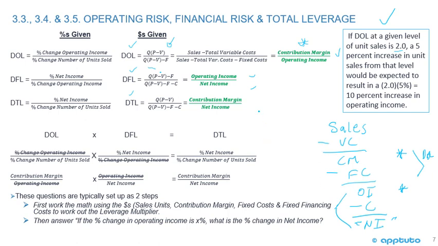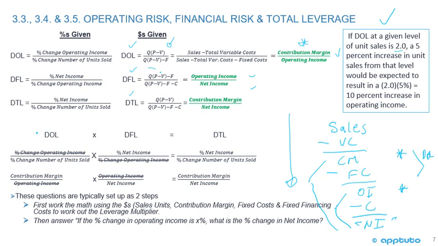And then finally, for the degree of total leverage, we're looking at our contribution margin over our net income. So as I said, I think the easy way to remember this is just set up your contribution margin income statement and then remember what the numerator is and what the denominator is from that statement, and that's an easier way to calculate the question starting with that.